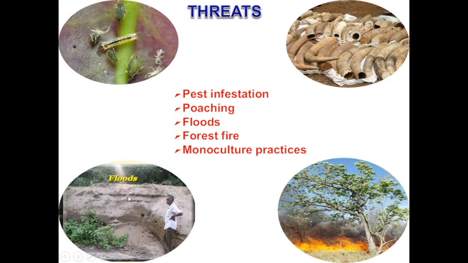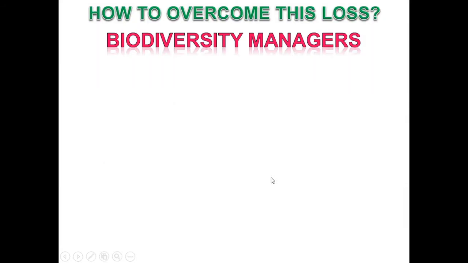Floods bring soil erosion so that a lot of trees and crops can be destroyed. Forest fire also destroys the biodiversity a lot. And monoculture practices, culturing with the same type of plant species or tree species, will not help in biodiversity conservation.